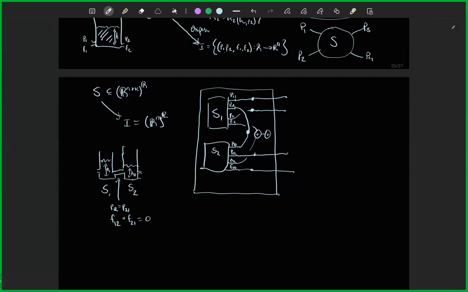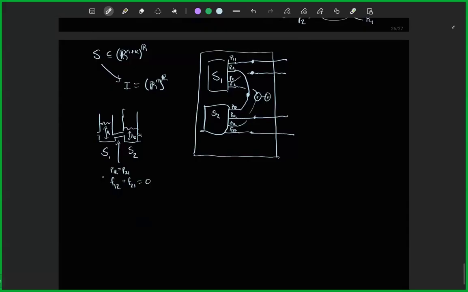So let me express how we can turn that picture into an actual operation that's going to compose these things. What do I mean by that? Well, first of all, when I say that we have this system given by taking those two systems and setting those equations, what I mean is that we take S1, which equals the set of F11, F12, P11, P12, and H1, subject to some equations.